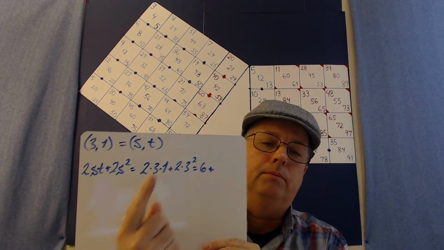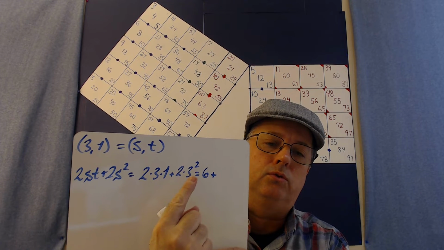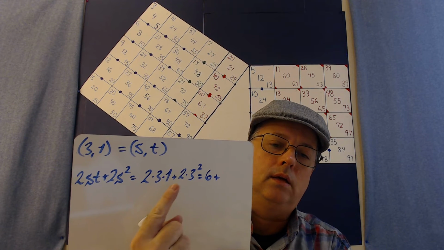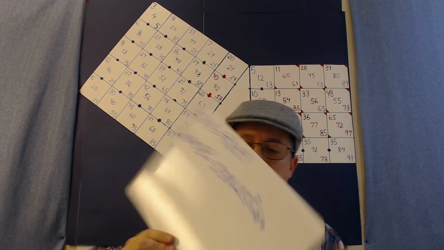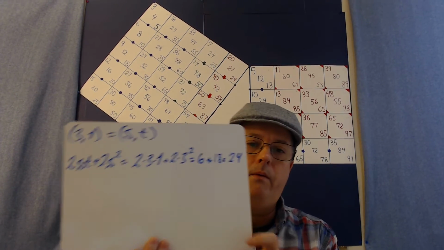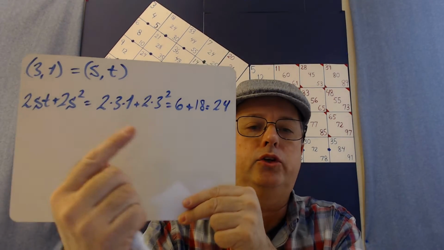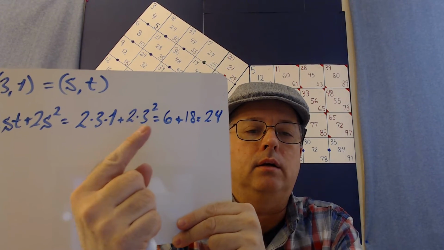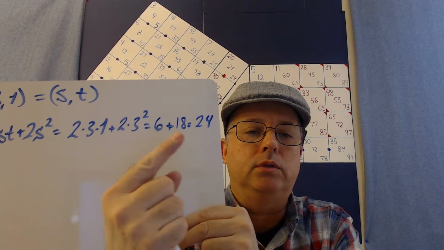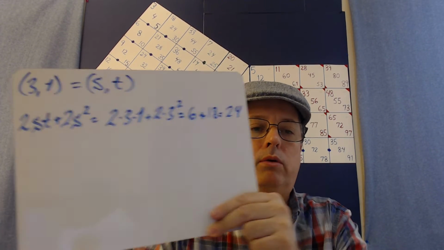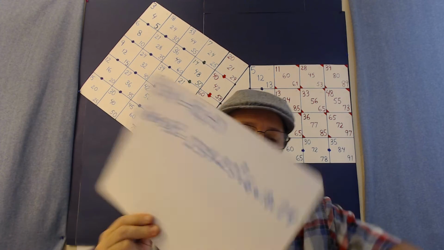And so now then that's going to give us 6. And here, remember that we need to do our exponent first. So 3 squared is 9 times 2 is 18. So that's 18, that's 24. Excuse me there. So again, 3 squared is 9 times 2 is 18, and 6 plus 18 is 24. Okay. So now then, let's do the second algebraic expression here.